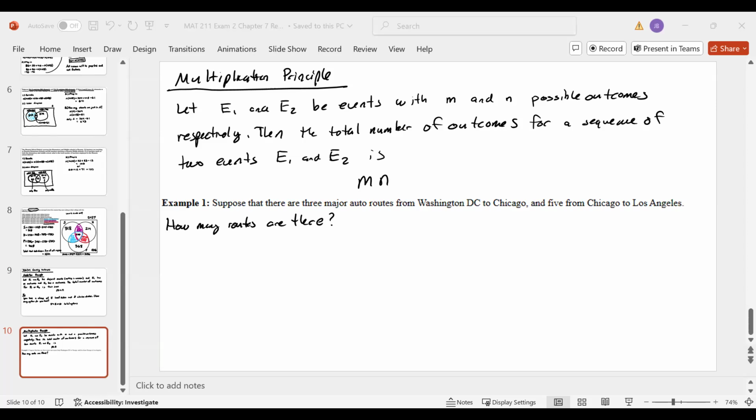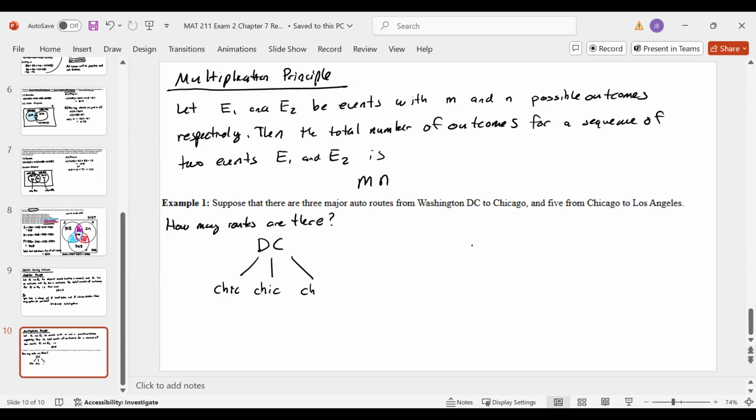If you're going from Washington, D.C. to Chicago and then Chicago to L.A., you can think about it this way. If you start at D.C., you have 1, 2, 3 routes, and each of these routes will take you to Chicago.